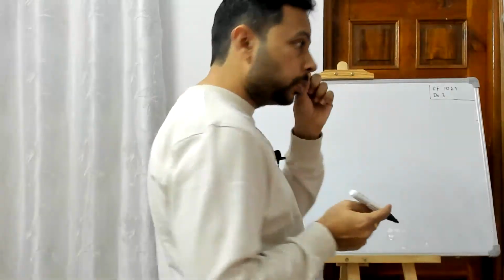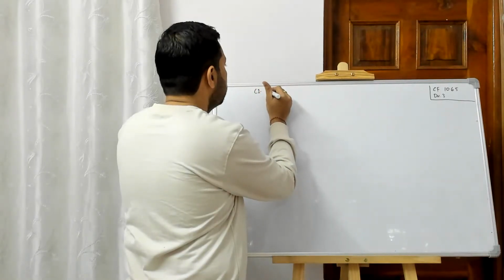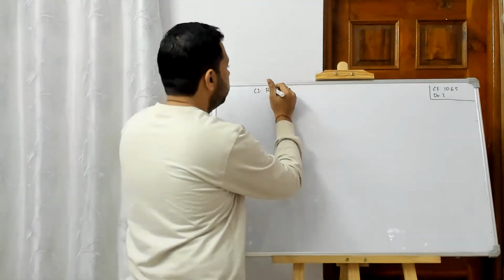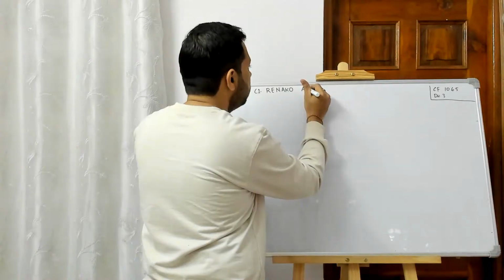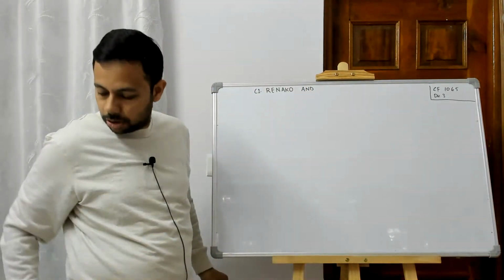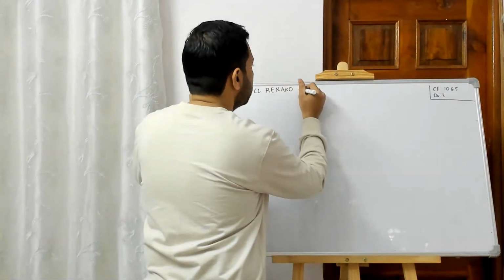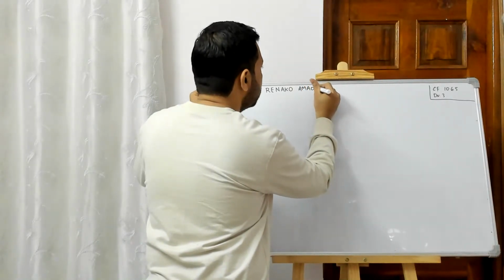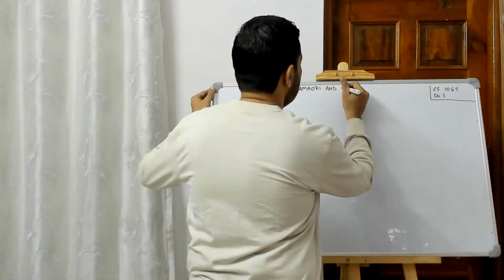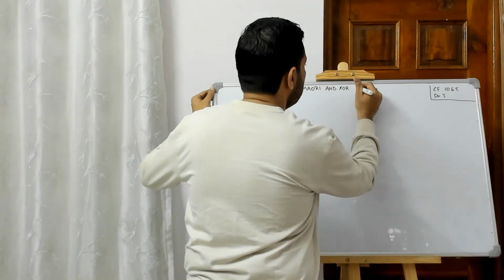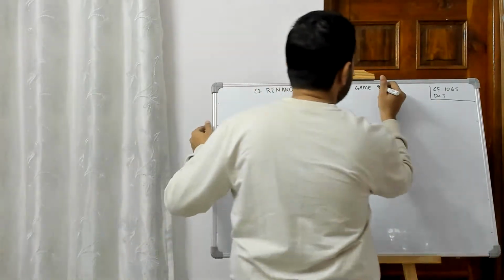I'll discuss both the parts one by one. So this is C1, which means it's the easy version.